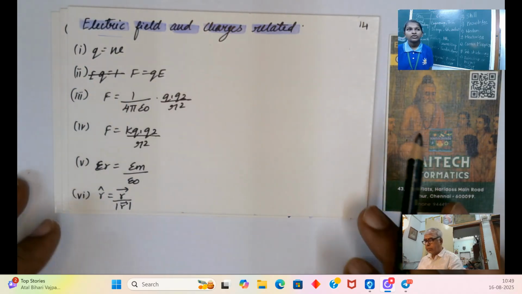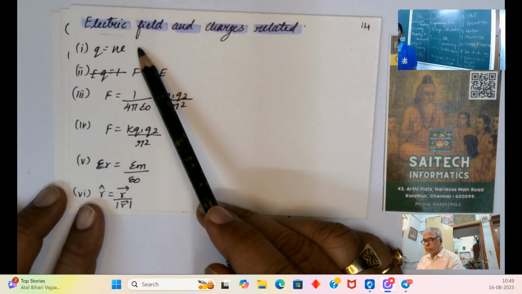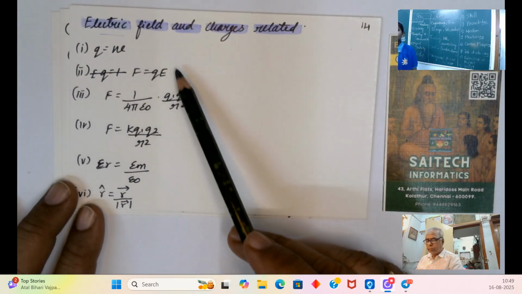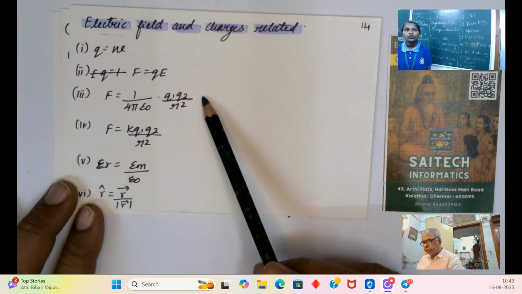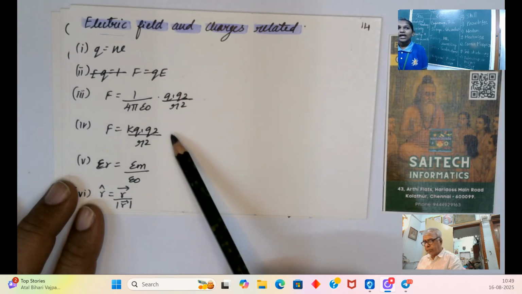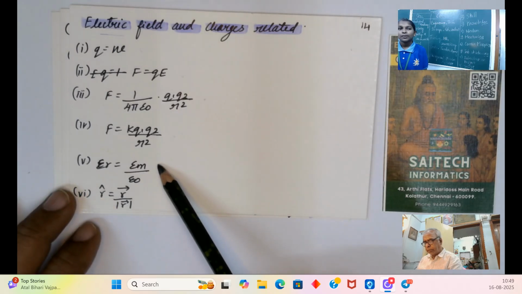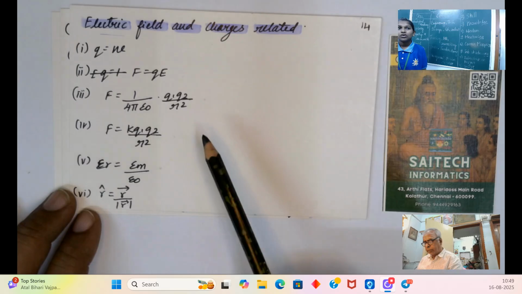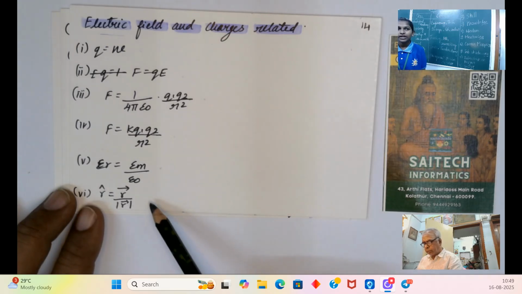And now we have the chapter related formulas, where the first one is Q is equal to ne, F is equal to QE, F is equal to 1 by 4 pi epsilon naught into Q1 Q2 by R square. It can also be represented as K Q1 Q2 by R square. Epsilon r, the relative permittivity, is equal to epsilon, the permittivity of the medium, divided by epsilon naught.